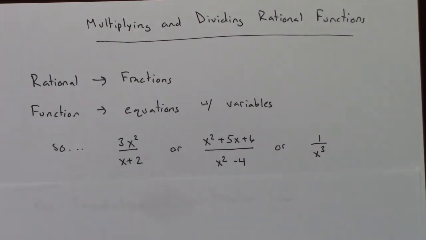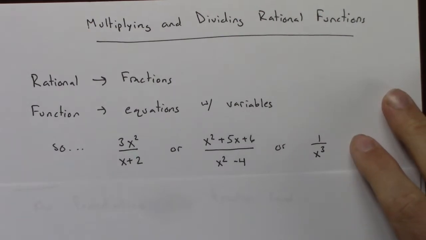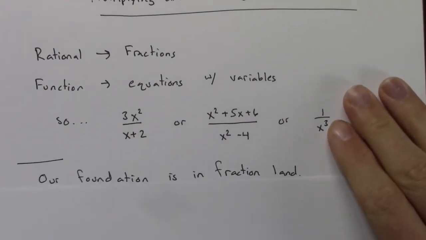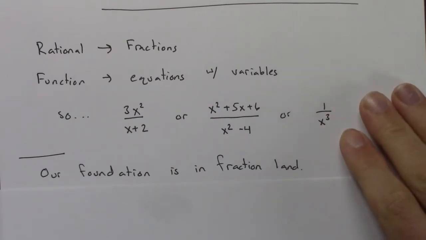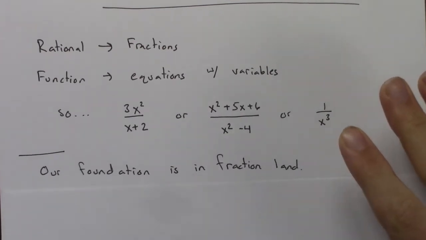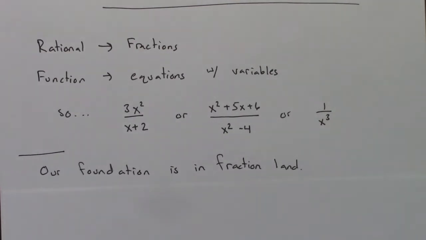When we start doing arithmetic with these things, today our focus is on multiplying and dividing because that's the easier of the two. We start our foundation in fraction land. So we need to have in our mindset that everything we know about fractions and the way they work holds the same way.